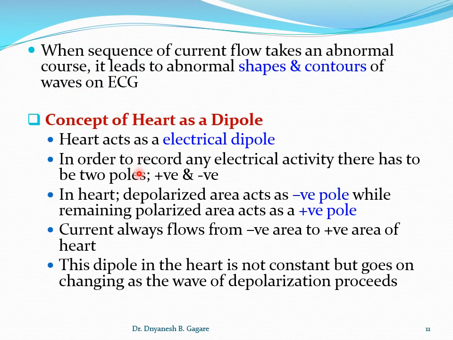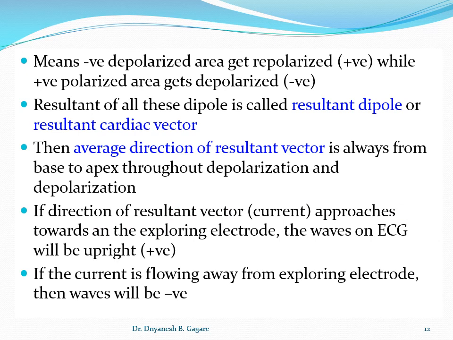We also studied the concept of the heart as a dipole, because I told you in the previous lecture that in order to record any electrical activity, there have to be two poles. On the heart there are two poles: the depolarized part acts as a negative pole, and the remaining polarized area acts as a positive pole, and current always flows from the negative pole to the positive pole.